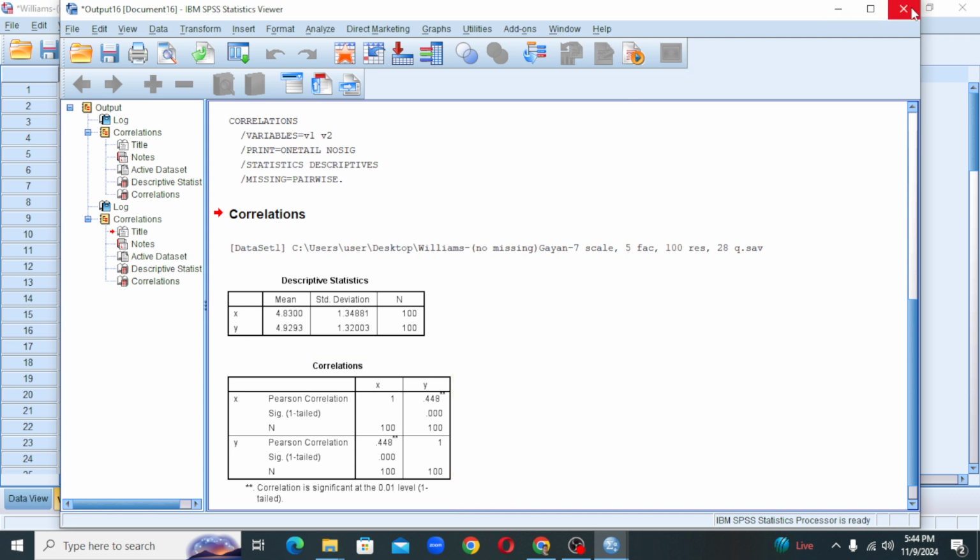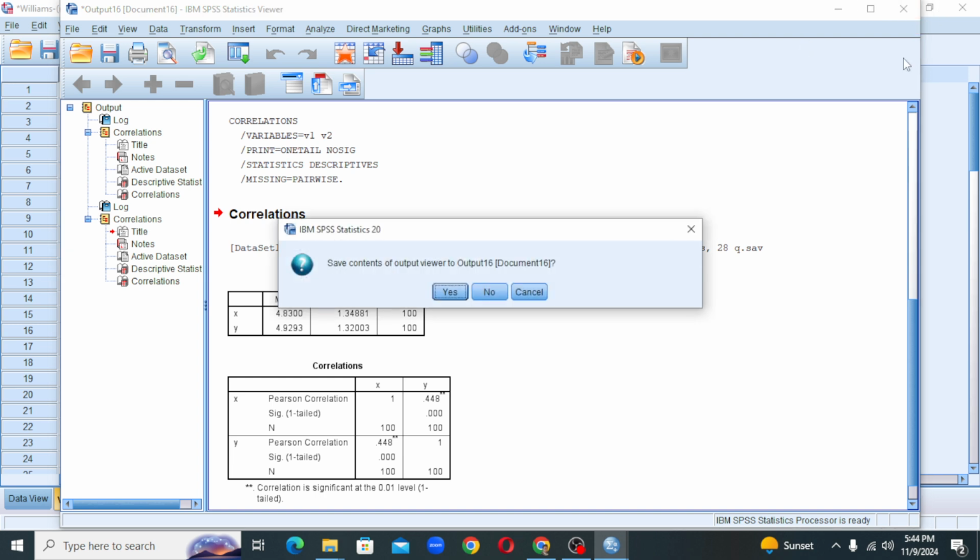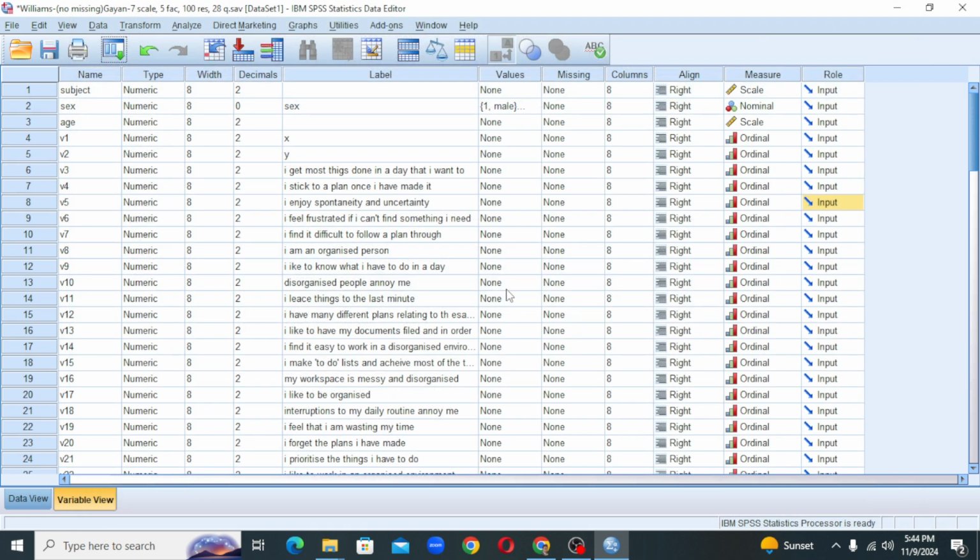As the third step, now we know there is a positive relationship, so we will be moving on to analyze these two variables using simple linear regression.